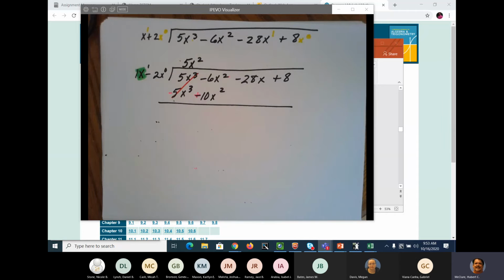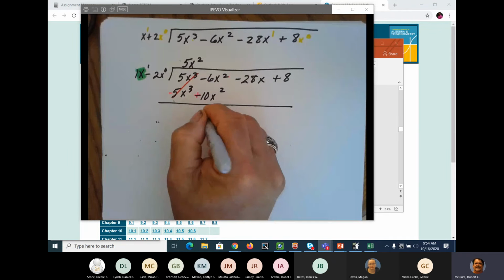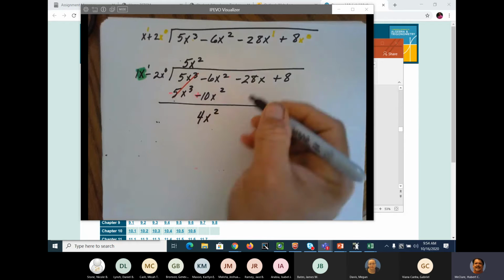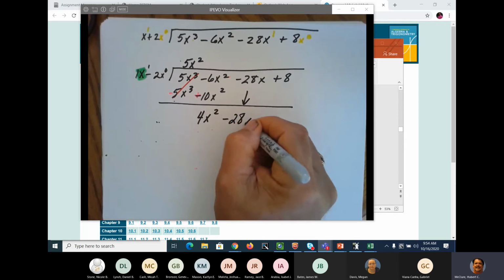It's called practice. Okay? -6 plus 10 is what? 4. And the -28x comes down to help out.